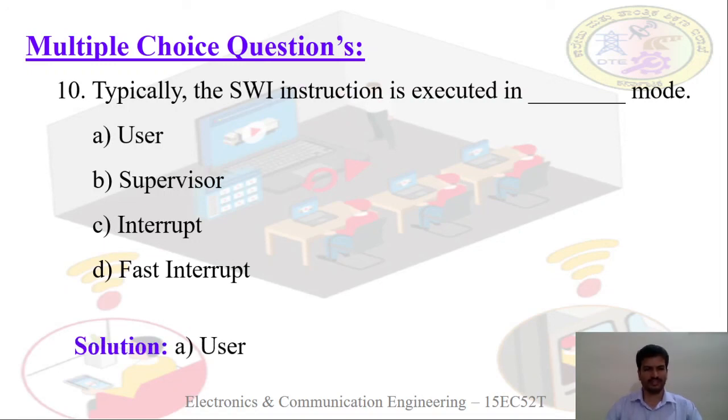See here, before execution of the SWI instruction, it is typically executed in user mode, but after execution of the SWI instruction, it will enter into the supervisor mode. So don't confuse here. Before the execution, the SWI is in the user mode itself, but after execution of the SWI, the processor will move into supervisor mode.